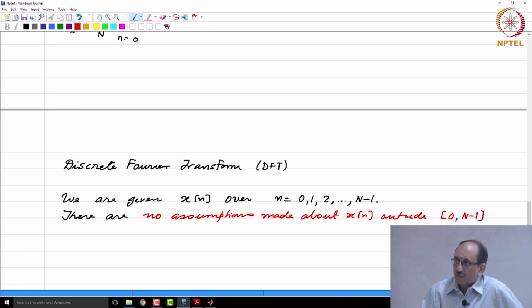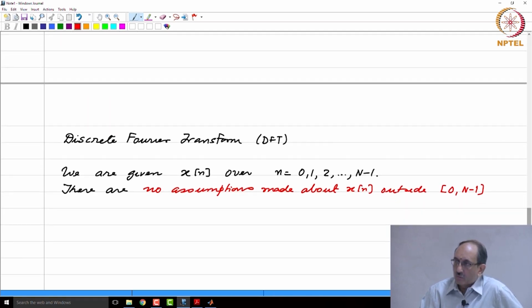Now what do we mean by this? Suppose I give you N data points and then I tell you there are no assumptions about x of n outside these values. If you want to make an assumption about x of n outside 0 to N minus 1, one natural assumption that will come to your mind would be 0.